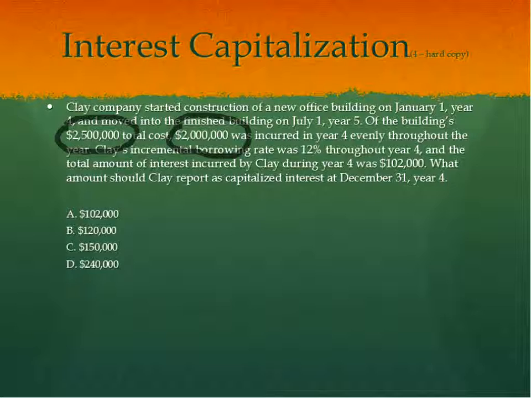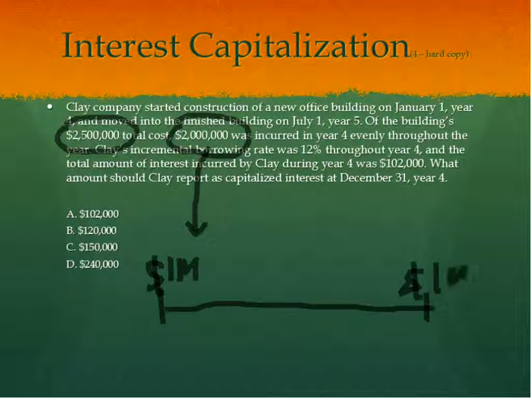So whatever is incurred is what is applicable to interest capitalization, right? It was spent evenly throughout the year. Evenly means we can say $1 million in the beginning and $1 million at the end. That means evenly, right?